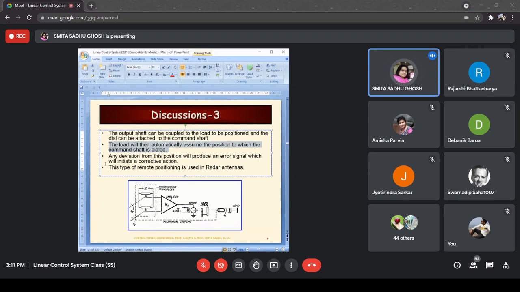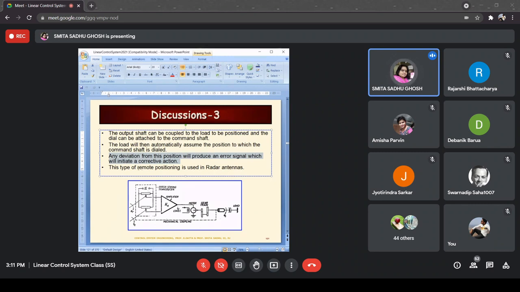Any deviation from this position will produce an error signal, which will initiate a corrective action. So as I told you, the difference between theta c and theta r, there will be a corrective action which is going to keep on taking place. This type of remote positioning is used in antennas.